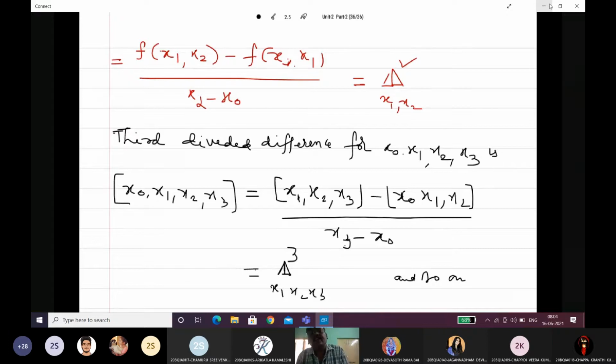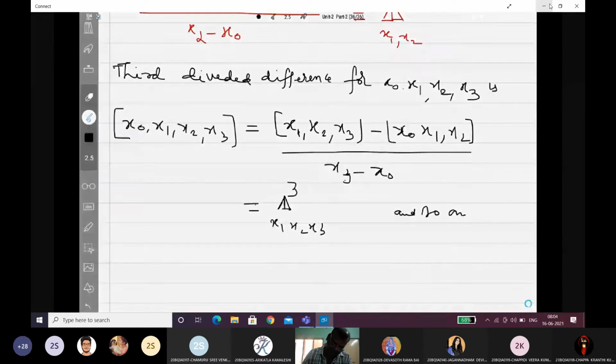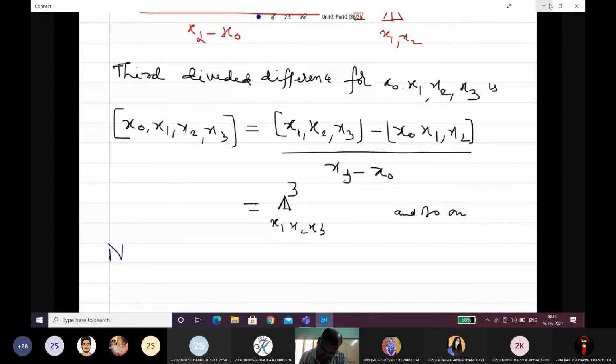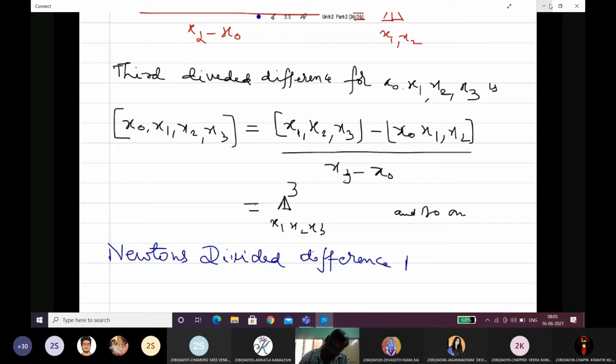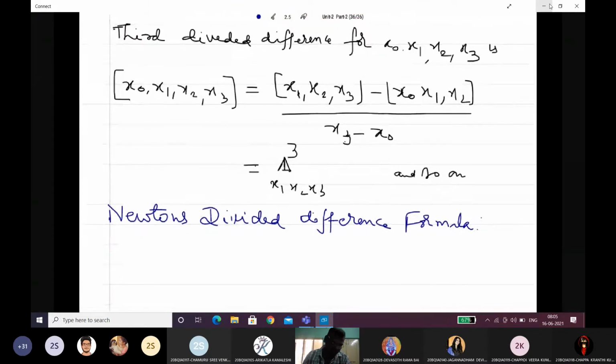Okay. Now let us define Newton's divided difference formula. This is very easy, right?